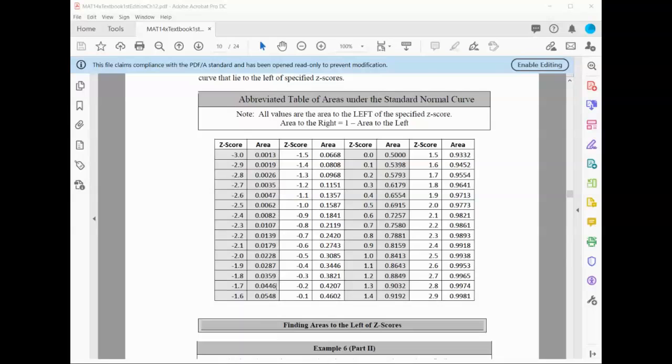And that's what we're doing. We're rounding, okay? Because again, negative 1.17 is not here. But by rounding, we get 0.1151.